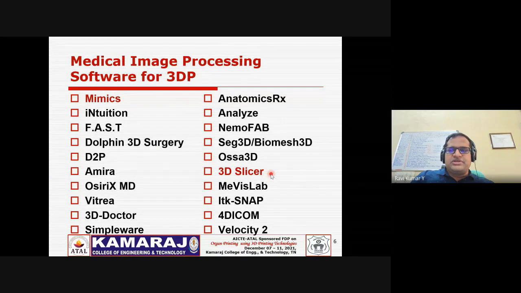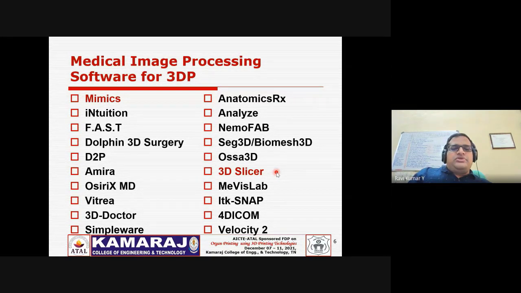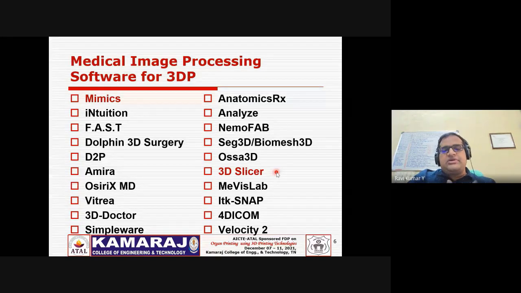Now if you are looking for some open source software for doing basic preliminary operations, like converting your DICOM images into an STL file, which is very much needed for your 3D printing process, you can make use of the 3D Slicer software, with which you can convert your DICOM images into printer-recognizable formats. Further, you can do a bit of segmentation, a region growing process, and with certain tools you can even do some modeling to an extent. So you can make use of the tools based on your budget or the facility you have.